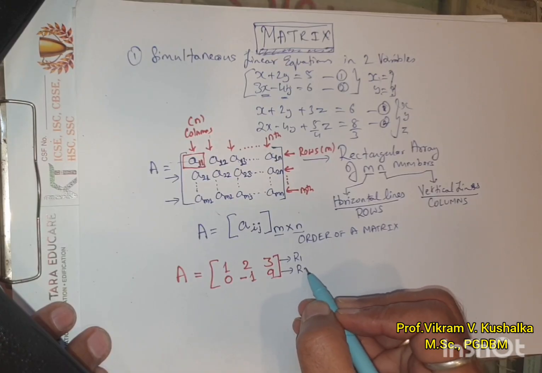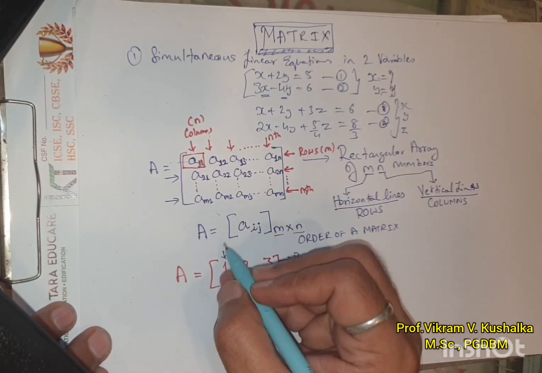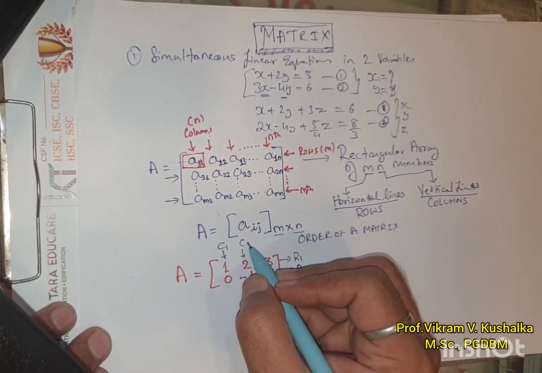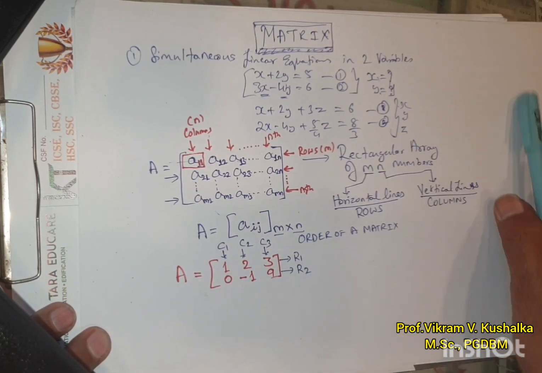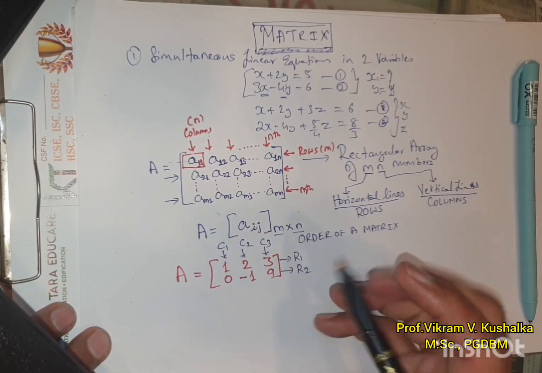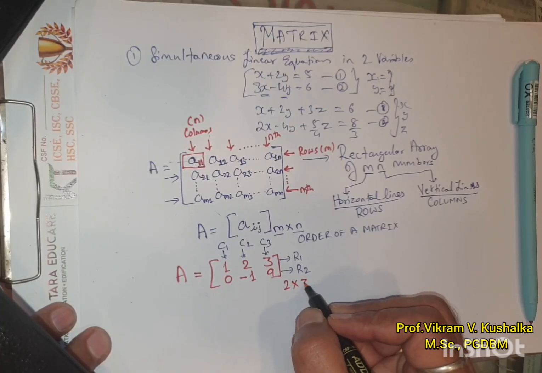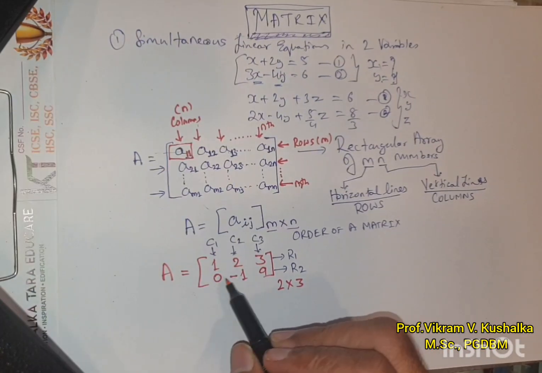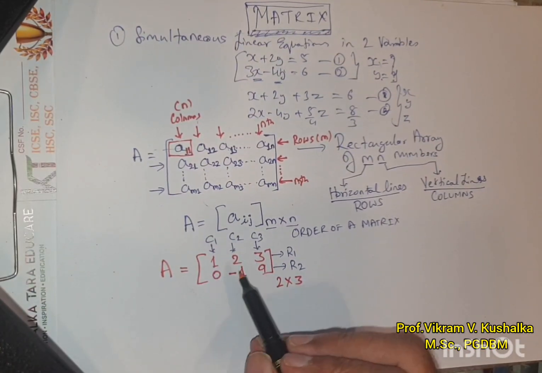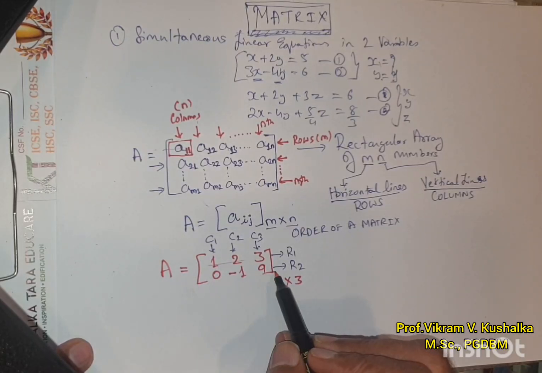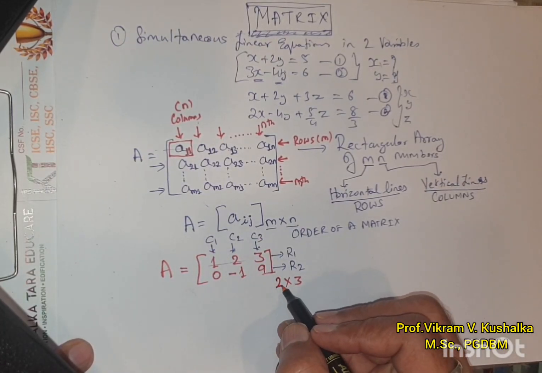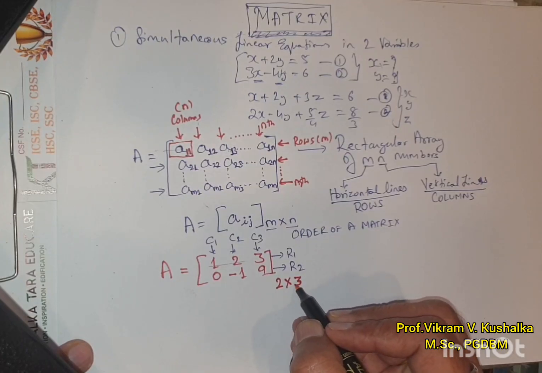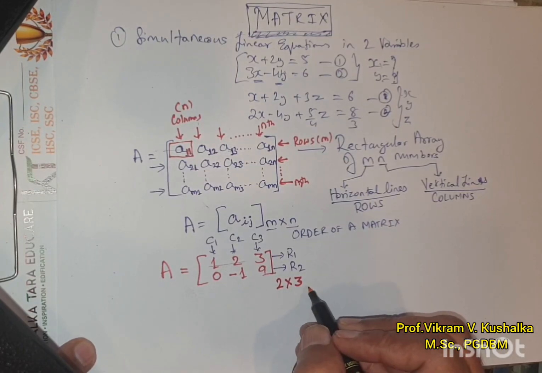This is my row 2. This vertical is column 1, column 2, and this is my column 3. So in this matrix there are 2 rows and 3 columns, that is 2 cross 3. So there are 2 horizontal rows and 3 vertical columns, and so the order of the matrix becomes 2 cross 3. That becomes the order of the matrix.